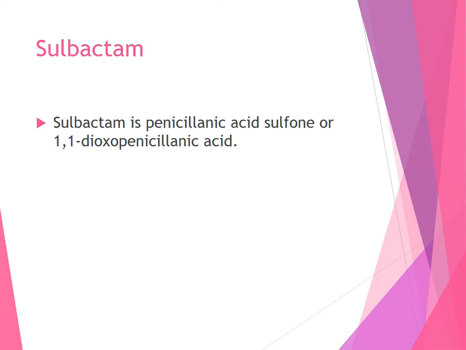Ampicillin plus Tazobactam, brand name Unasyn. The other name for ampicillin plus Tazobactam is sultamicillin. Sultamicillin is the other name for ampicillin plus Tazobactam.